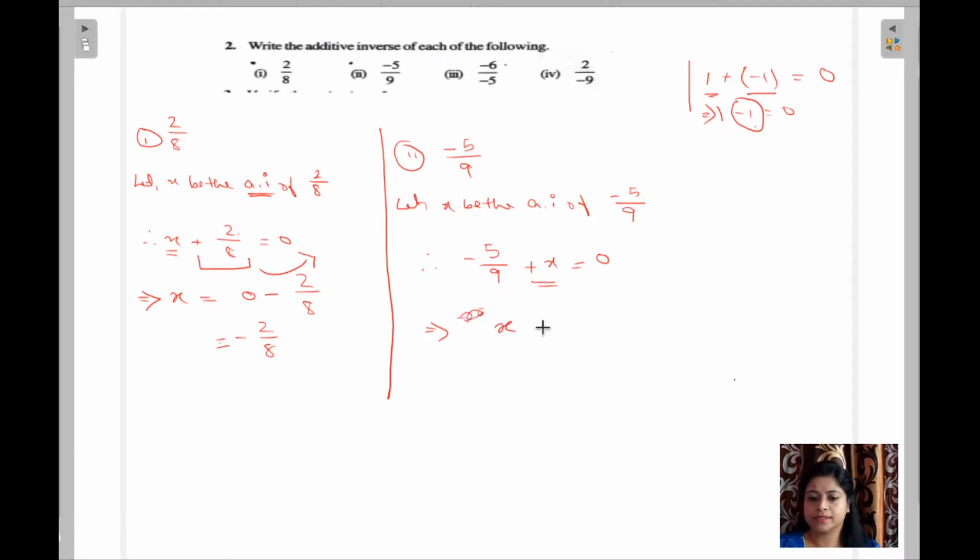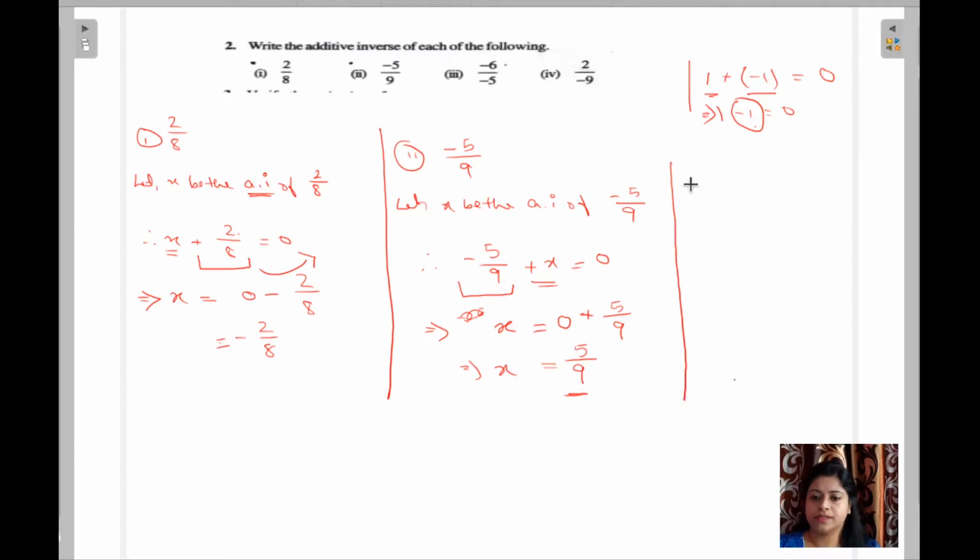So x equals to, again we have to take this minus 5 by 9 to the right side of equal sign. So 0 is there. So minus will become plus at 5 by 9. Okay, this implies x equals to 0 plus anything is same number only. So 5 by 9. That means 5 by 9 is the additive inverse of minus 5 by 9.